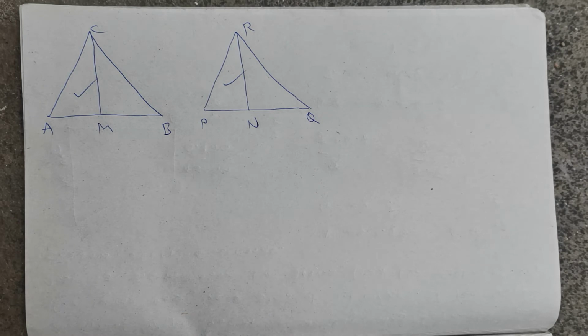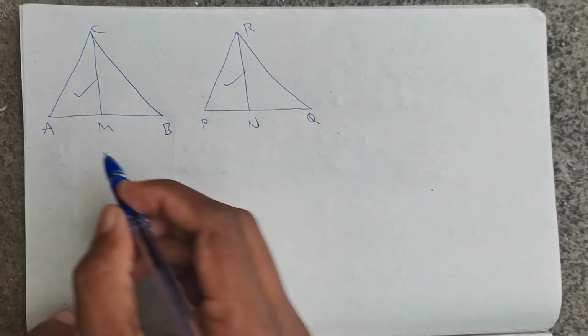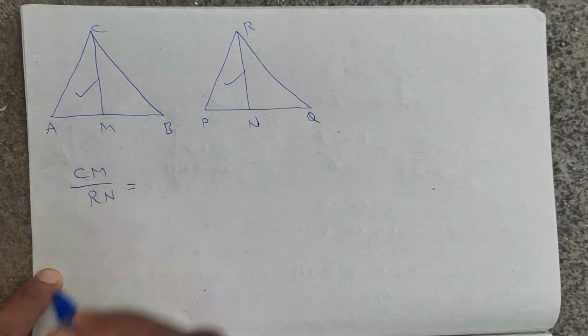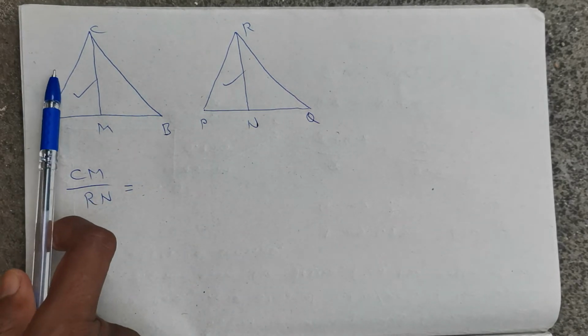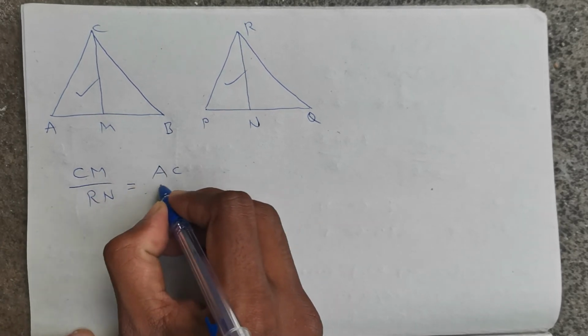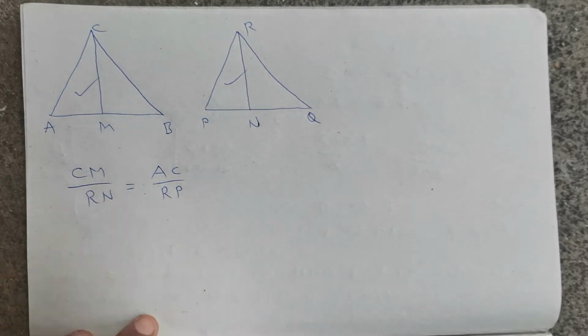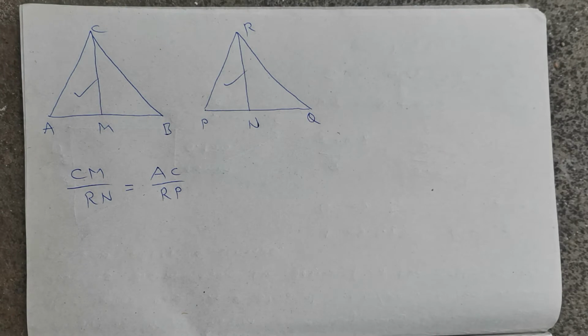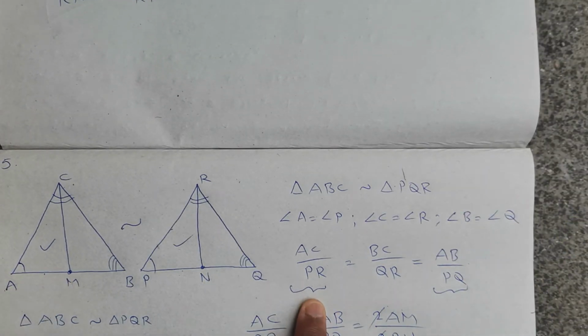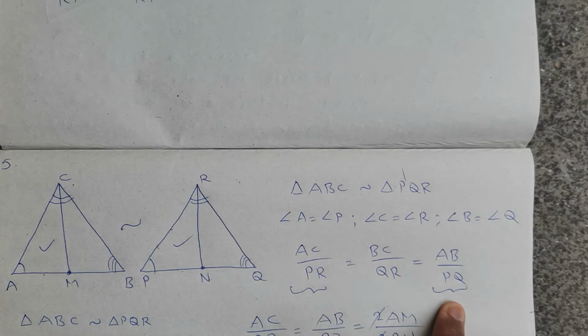So from that we can write this CM by RN is equal to left side by left side, AC by RP. Okay, and from the previous statement we know very well that AC by PR is nothing but AB by PQ.